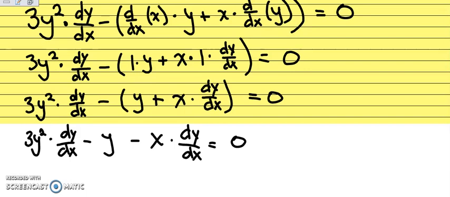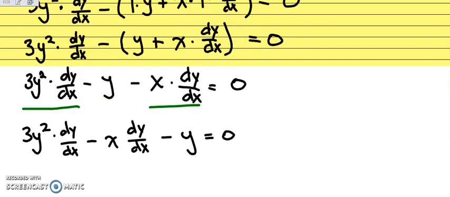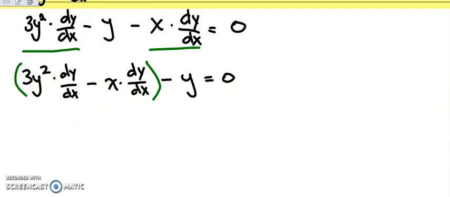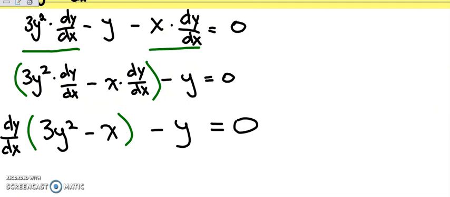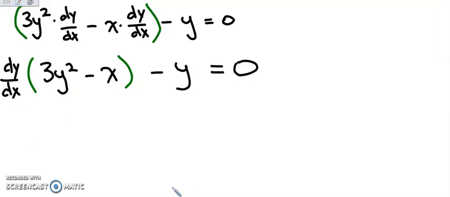Now, what I'm going to do is I'm going to group all the terms that have a dy dx. So this can be written as 3y squared times dy dx minus x times dy dx minus y equals 0. And I can factor out a dy dx so that I can solve for dy dx. So now I can add y to both sides.